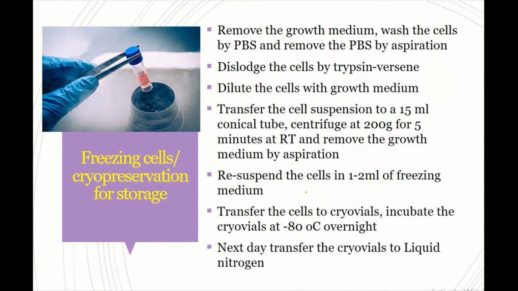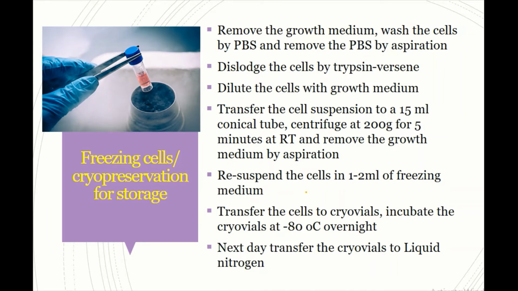So you remove the growth media, wash the cells with PBS buffer, and then remove the PBS buffer by aspiration so that you remain only with the cells. Then again dislodge them with trypsin, and dilute the cells with growth media. Then you transfer the cell suspension into about a 15 ml conical tube, and centrifuge at 200 G for 5 minutes at room temperature.